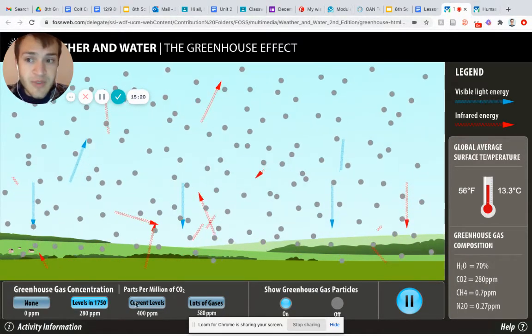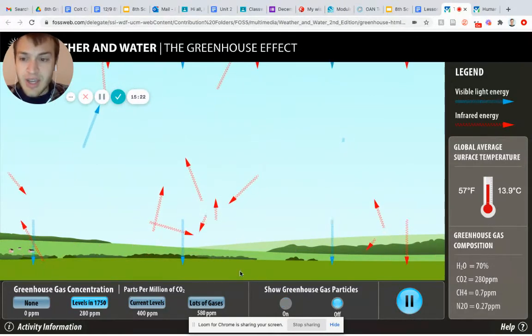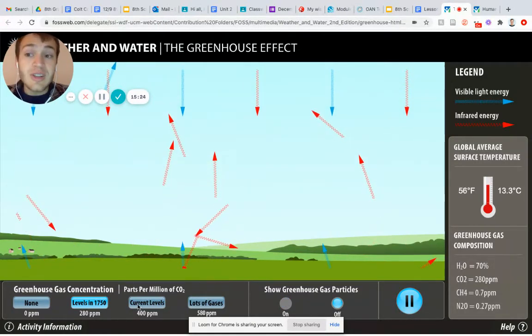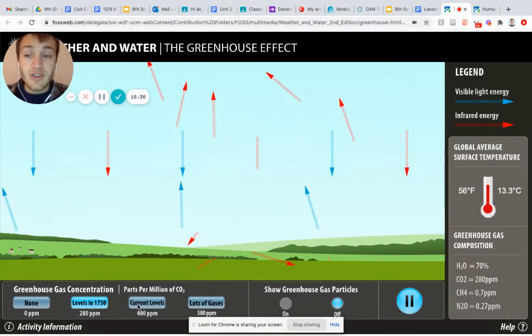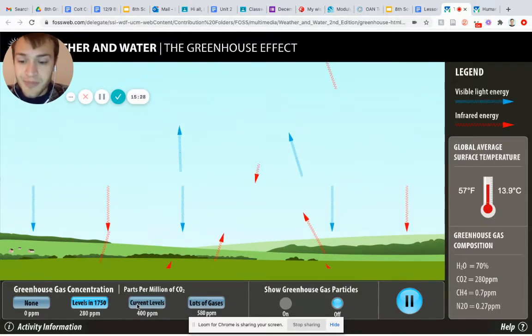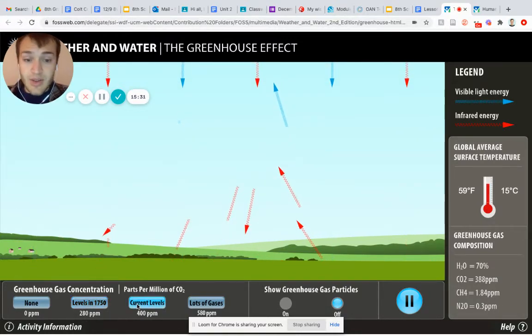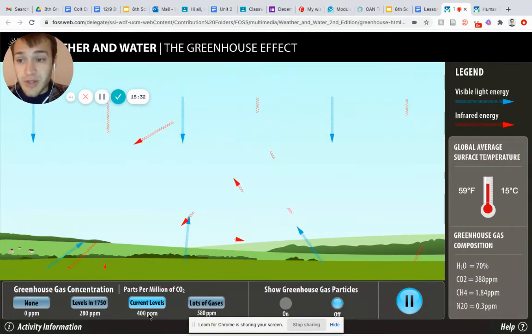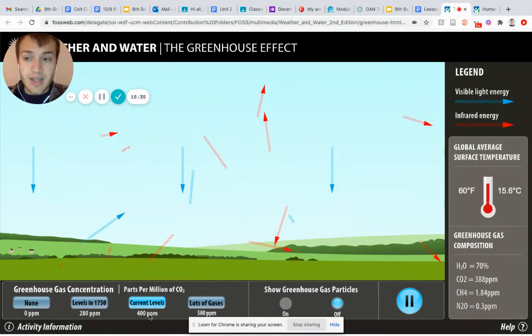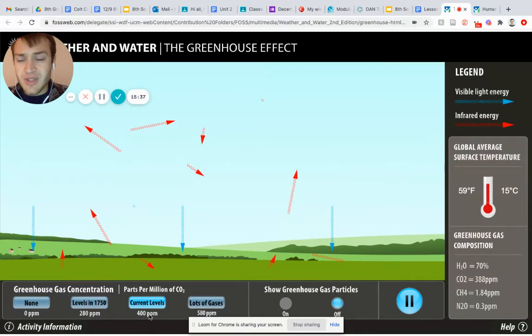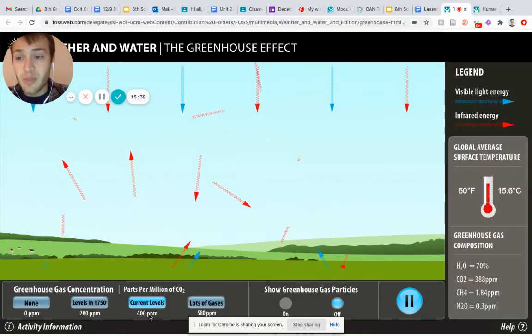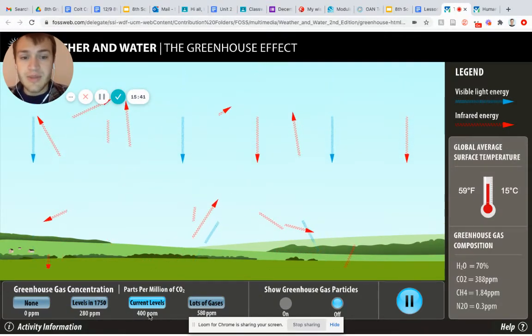Right? So now we're going to take a look at what the current levels of carbon dioxide are doing to the Earth. So now I've chosen 400 parts per million of carbon dioxide. That's about how much it is right now. Actually, I think right now it's 405, but that is very close.